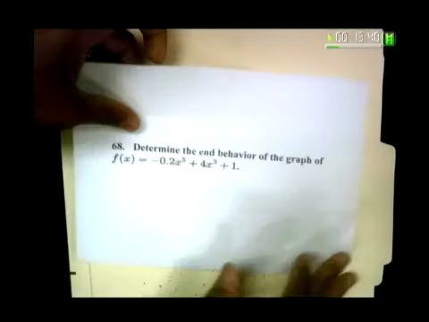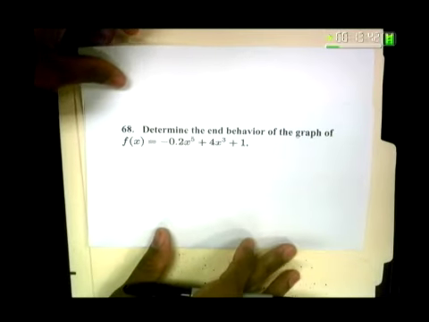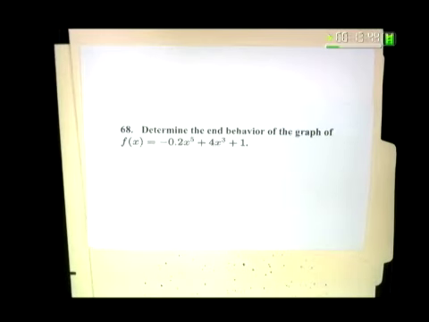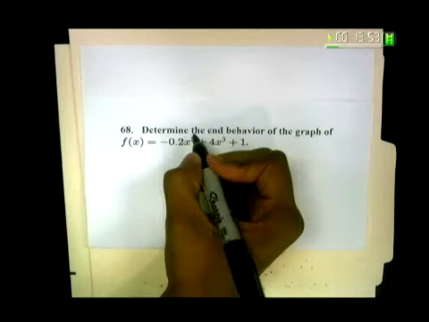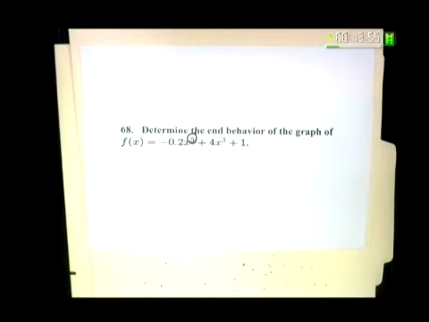All right, so this is a perfect example, similar to 67. Now this one has an odd degree, to the 5th power. This behaves like a line.